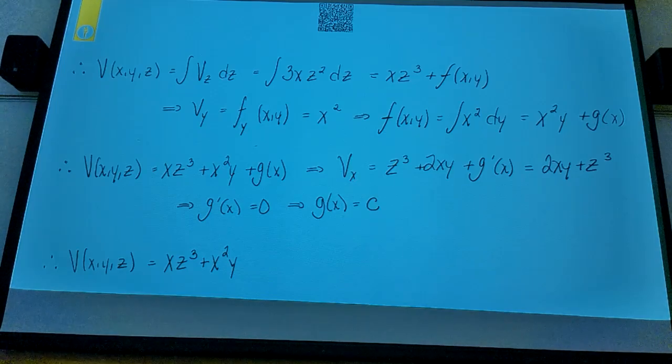What is 3 squared? 64 times 3 is not 92, 192, sorry. And then add that to 9 to get 201.